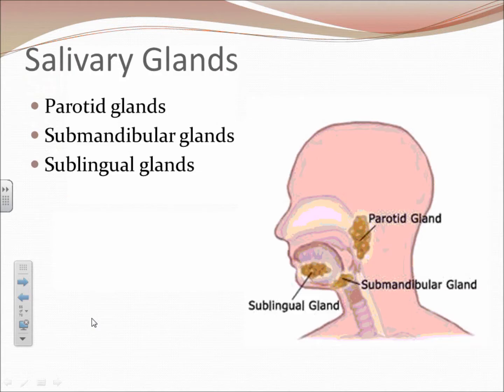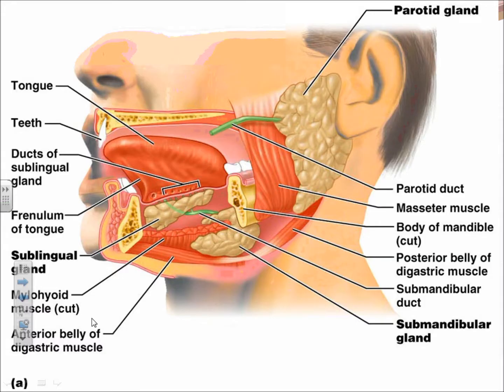There's three salivary glands. There's the parotid glands, which are located way in the back of your mouth. There's the submandibular glands, which are located right underneath your lower teeth, right along your jawline. And then there's the sublingual glands, which are found underneath your tongue. Here's another image. You can see how big the parotid gland is, again, located way in the back of your mouth.